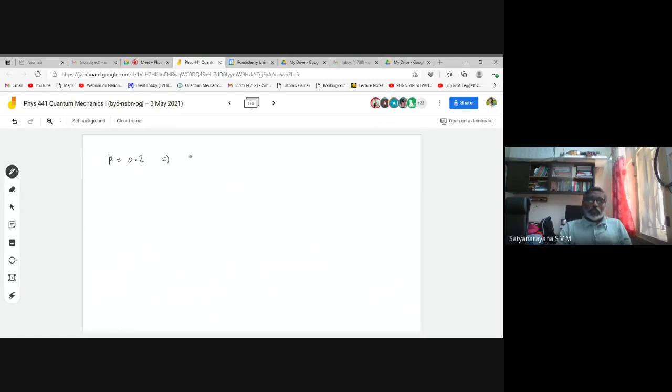That means the chance. Suppose probability of A is equal to 0.2. That means the chance for the result to be A is 20%. Correct? That is the meaning of saying probability is equal to 0.2.